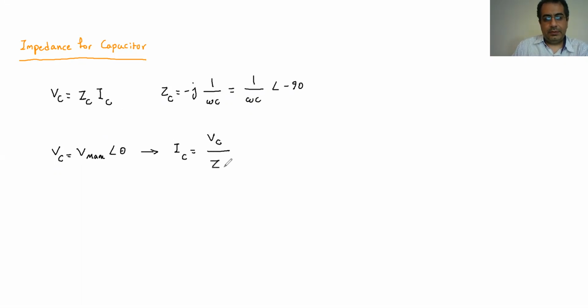divided by ZC. So the VC, if I assume, is going to be V max with angle of theta, divided by ZC, which is going to be negative j 1 over omega C. If you do the calculation, we are going to get omega C V max.